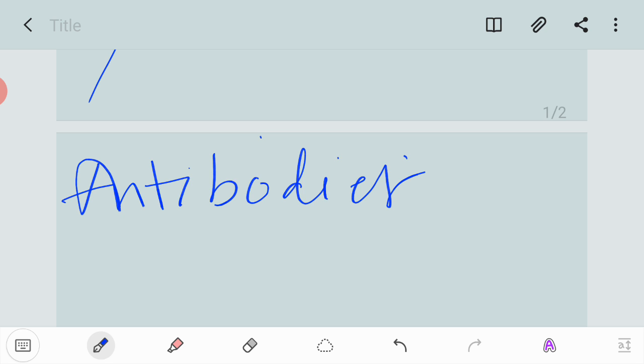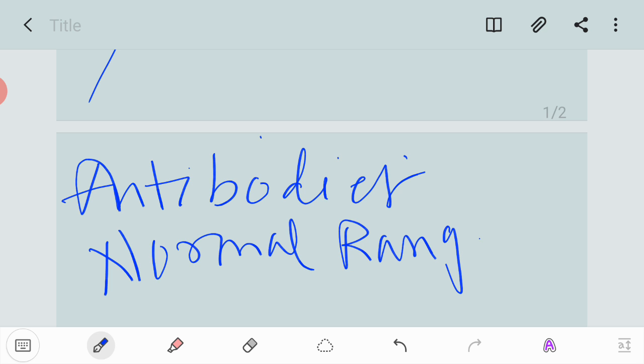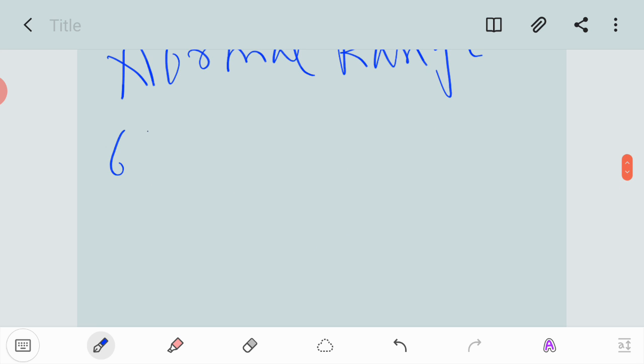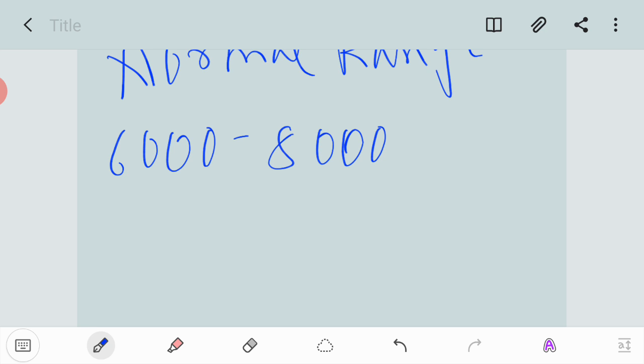So let us see the normal range for this. It is 6,000 to 8,000 per cubic millimeter. This is the normal range.